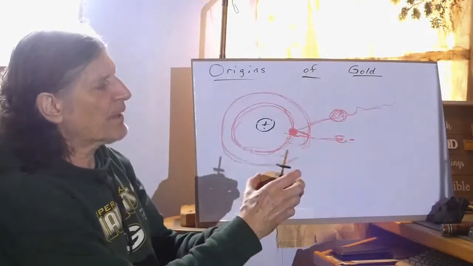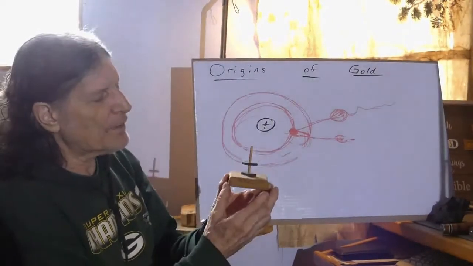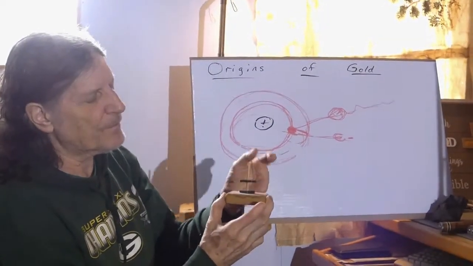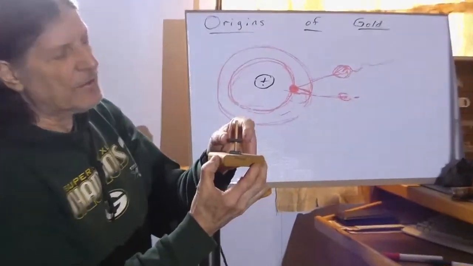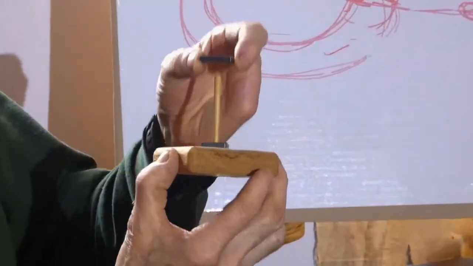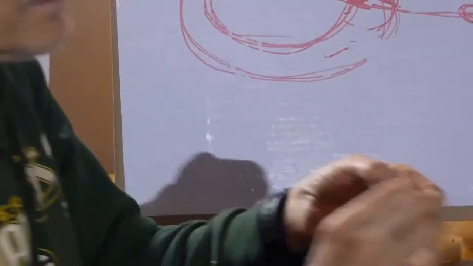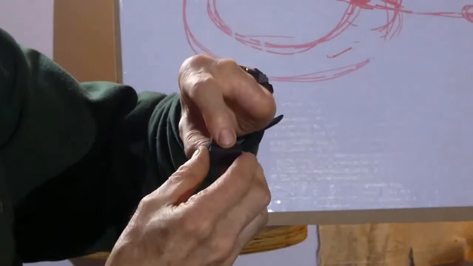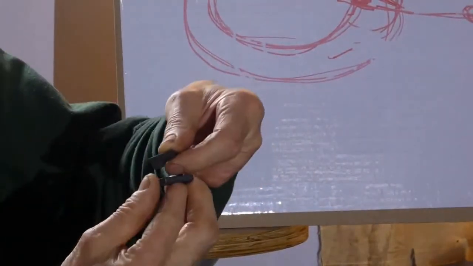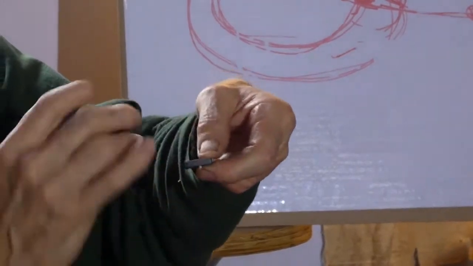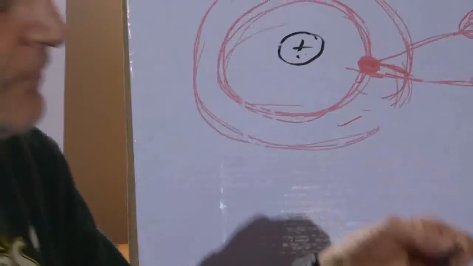Now, getting back to magnetics. We have a little toy here. We created these little scientific toys. We have two magnets. They either attract each other or they repel each other, depending on whether you have negative or positive on the two faces.